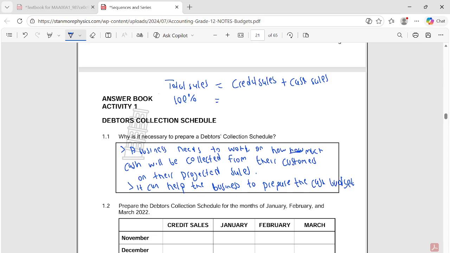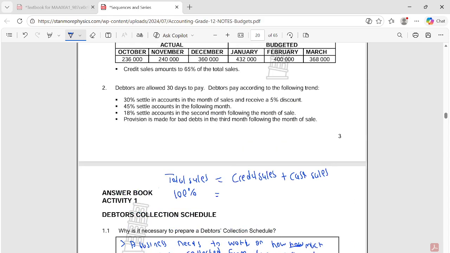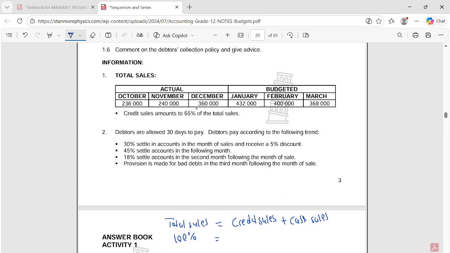How am I going to get my credit sales for November? My November total sales is 240,000, so I'm going to say 240,000 multiplied by 65 over 100. Which method am I using here? We have what is known as the Cremora method. The Cremora method says the given amount, which is 240, multiplied by what you need over what you have.